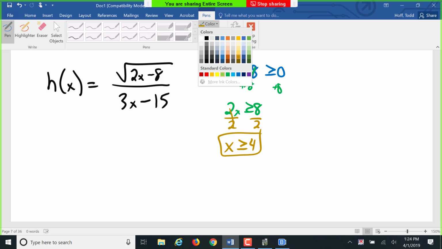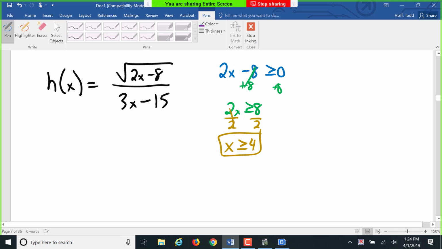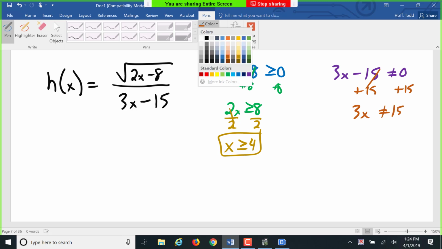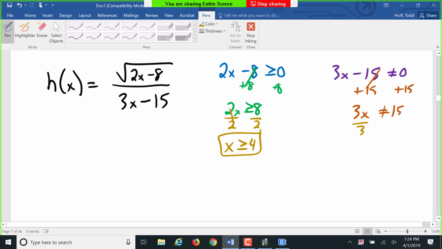The reason I changed the bottom one is so that we didn't end up making it redundant. 3x minus 15 cannot equal 0. So if we add 15, 3x cannot equal 15. We divide by 3. X cannot equal 5. So these aren't redundant.